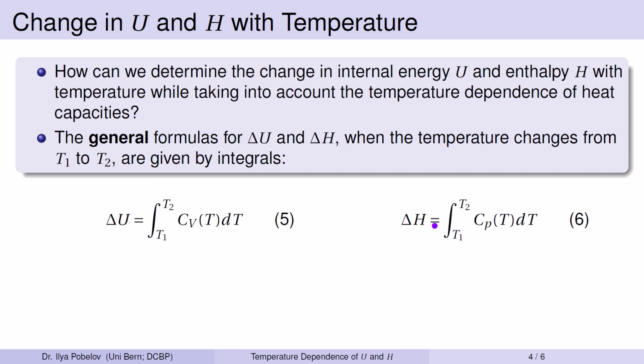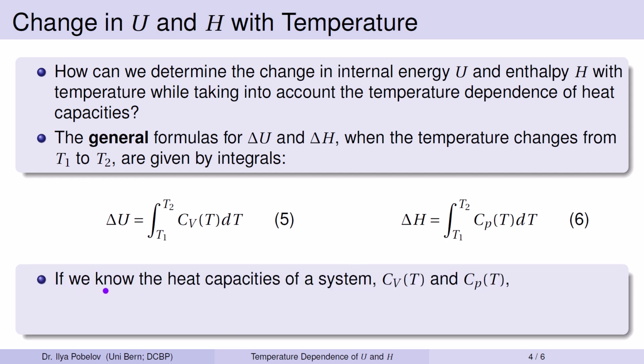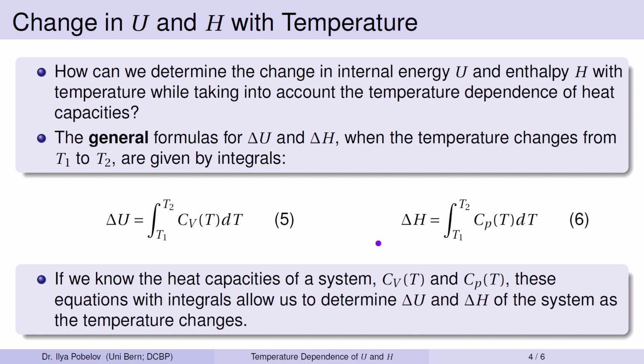Delta H equals the integral from T1 to T2 of Cp as a function of T by dT. Now, if we know the heat capacities of a system Cv and Cp as functions of temperature, these equations with integrals allow us to determine the changes in internal energy and enthalpy of the system as the temperature changes.